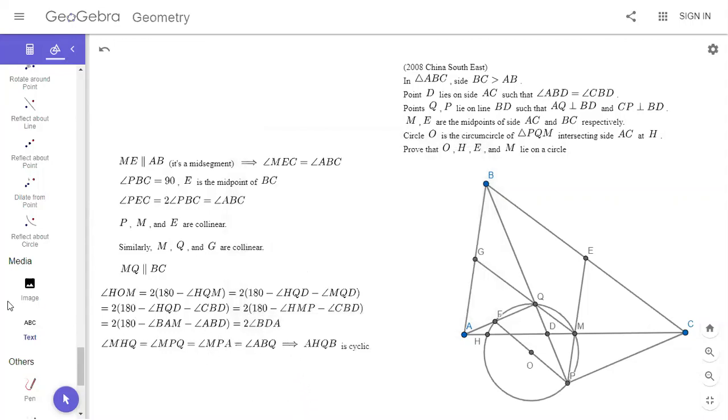And so HOM we said was 2 BDA, and HEM is BEM minus BEH.